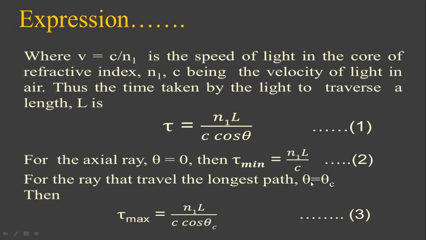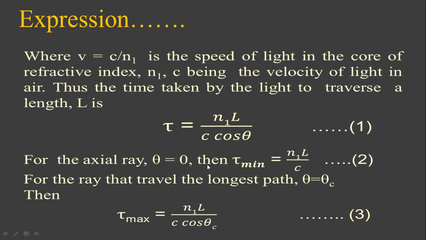So in such a case, when theta is equal to theta c, the critical angle, the time taken by the rays to travel this length will be a maximum. So we represent it as tau maximum is equal to N1 L divided by C cos theta c. So we got two times.